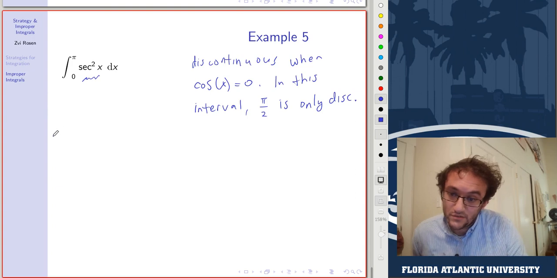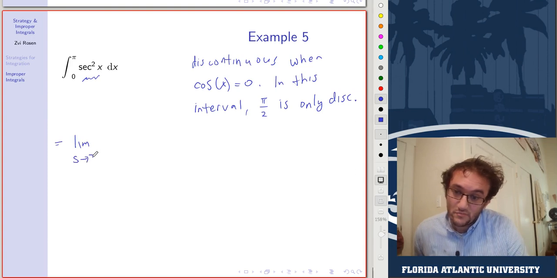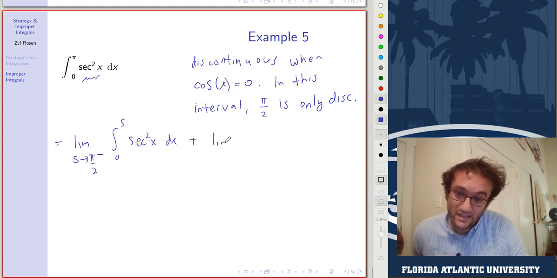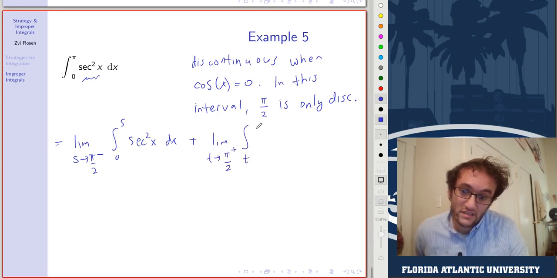So what we're going to do is express this as a limit of two things. The limit as s goes to pi over 2 from the left of the integral from 0 to s of secant squared x dx, and we're going to take the limit as t goes to pi over 2 from the right of the integral from t to pi of secant squared x dx.